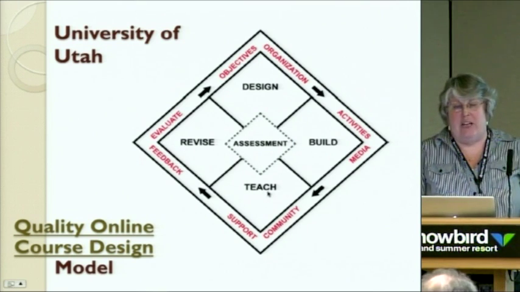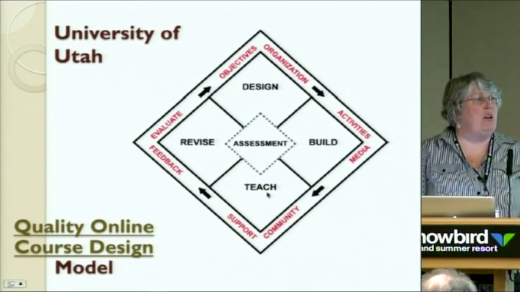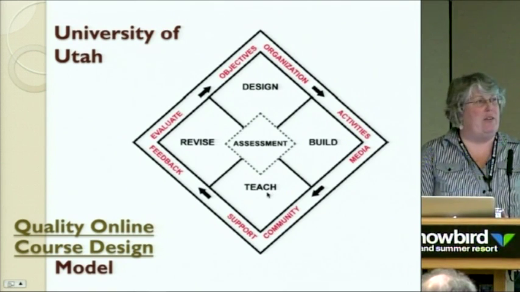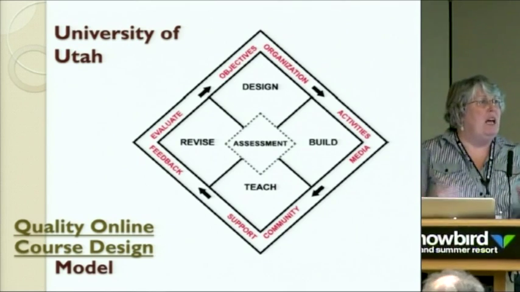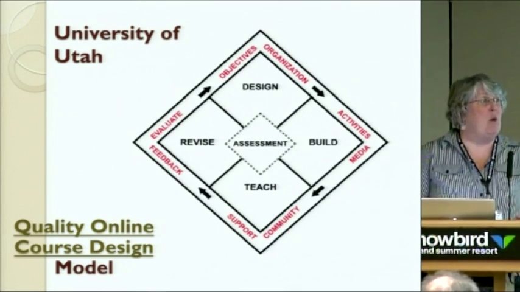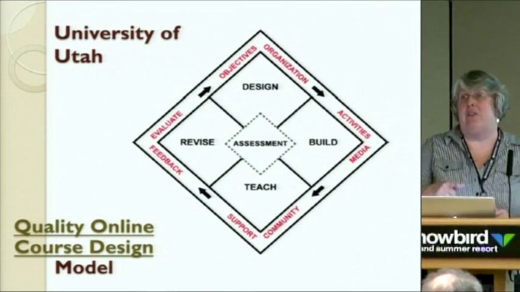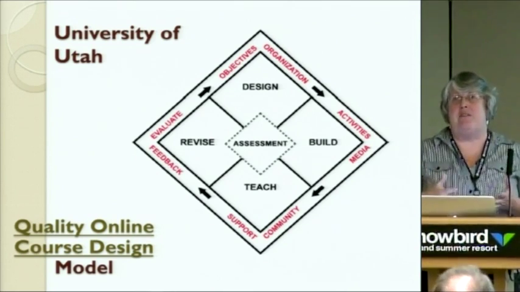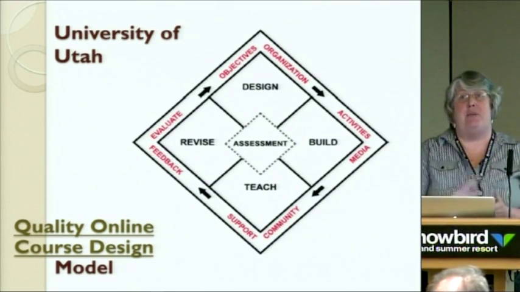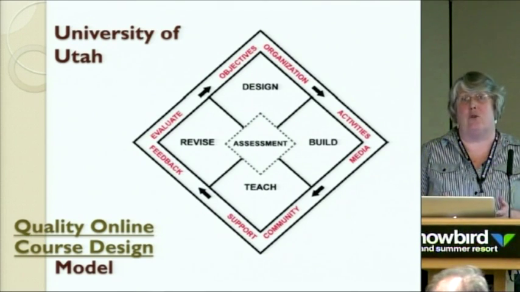Or if they already are teaching a course but they don't have an online community component, they could come in the teach phase. Or if they've already taught the course and they say, this didn't work, look at my course evaluations, help me figure out what didn't work, then they can come in at the revise phase. So the model is set up to meet the needs of the faculty depending on where they are in their process of course design.